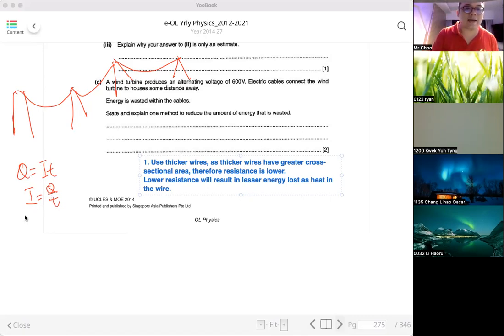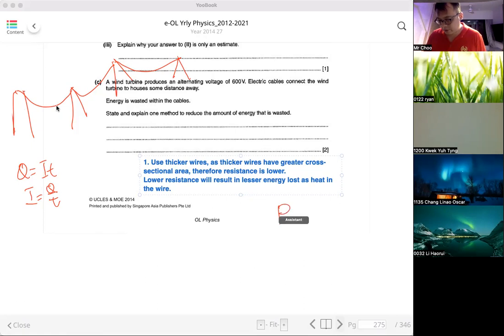So the higher the current, the greater the amount of charges passing through. When the current is very high, there'll be a lot of electrons moving, so over a long distance you will lose a lot of energy. Clear so far?